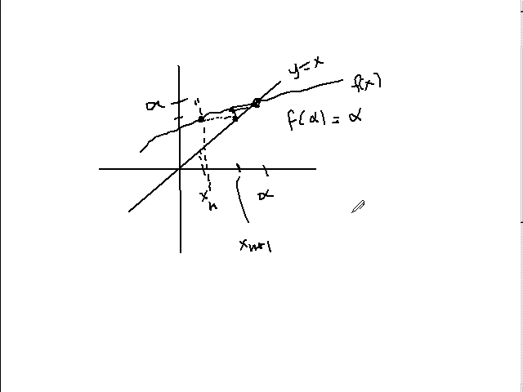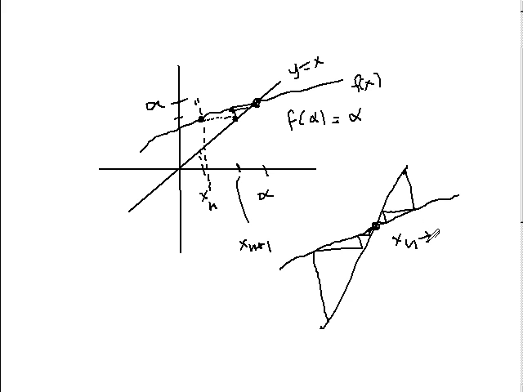So what's happening to my sequence of points? If your function crosses at less than a 45-degree angle, what happens is you get this stair-step approach in, and the same like this. So it's clear that the sequence of points is going to converge to alpha.